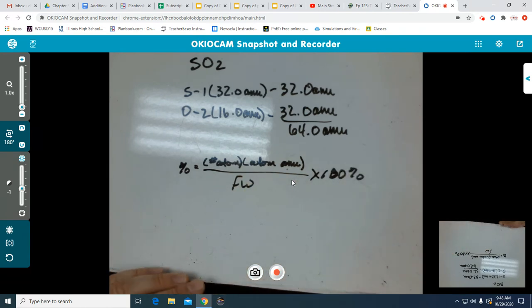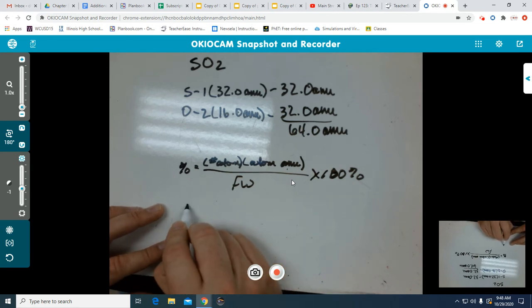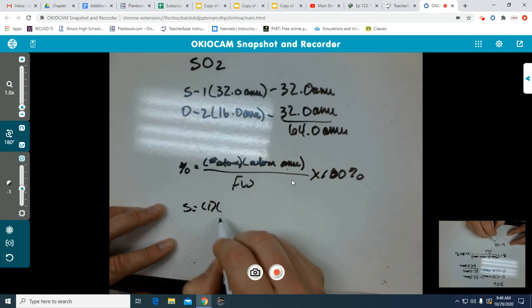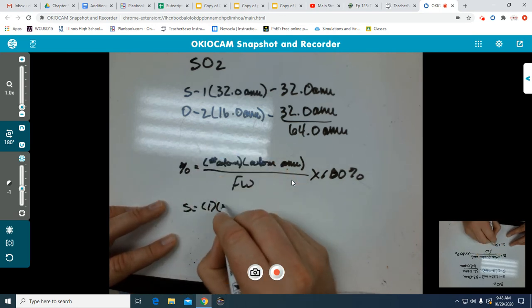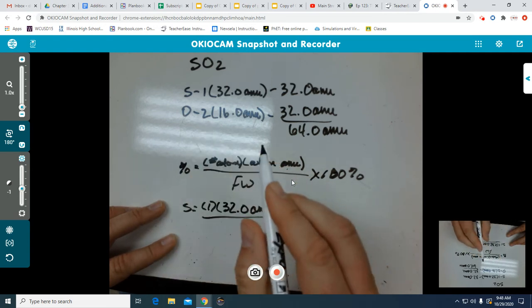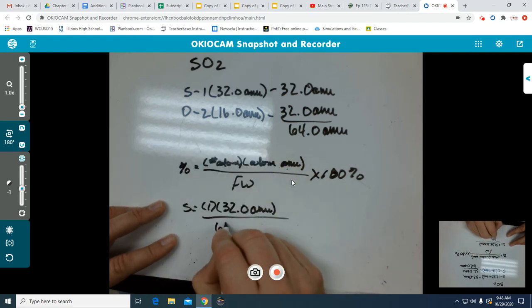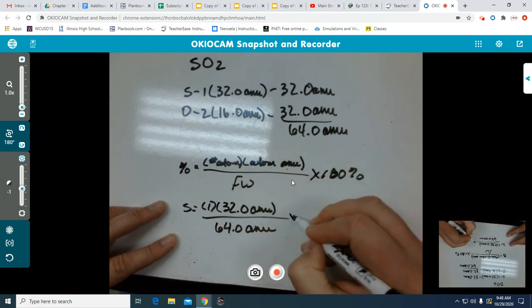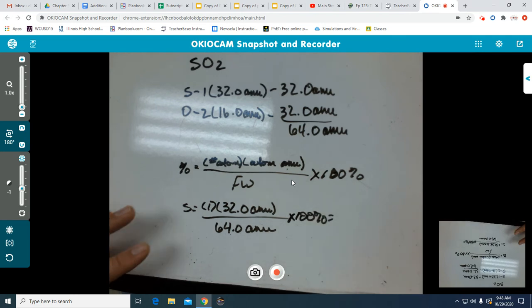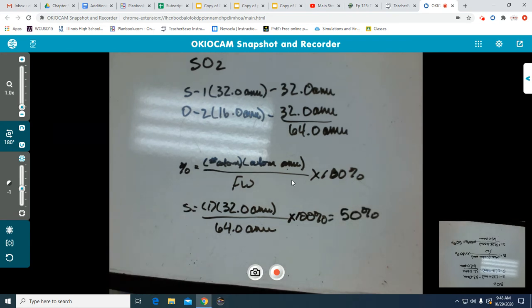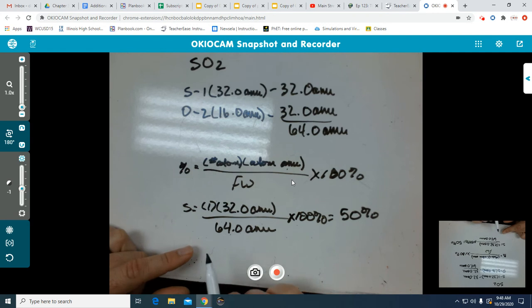So for sulfur, there's 1 atom, and each atom has a mass of 32.0 AMU, and the entire formula weight of SO2 is going to be 64.0 AMU. Again, we calculated that in the first step. Then we multiply that by 100%, and we're going to find that sulfur makes up about 50% of the overall weight of the formula.